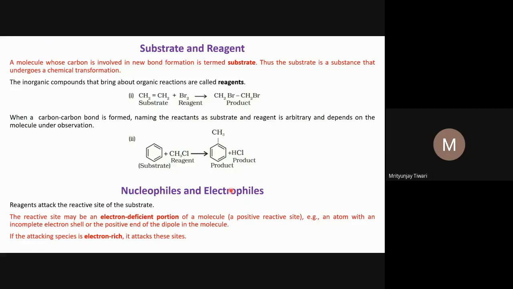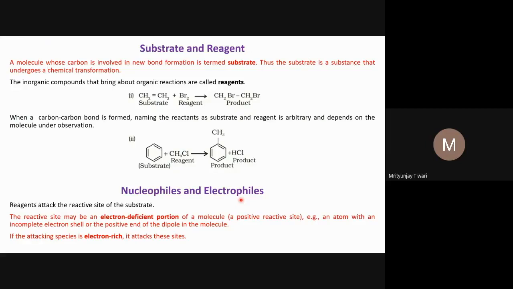So the octet is not complete, or maybe the species have a tendency to accept electrons, like Lewis acids, like metal ions. Metals are cations, metal cations, so they have vacant orbitals. Species which have vacant orbitals also behave as electrophiles. So how will you identify electrophiles?